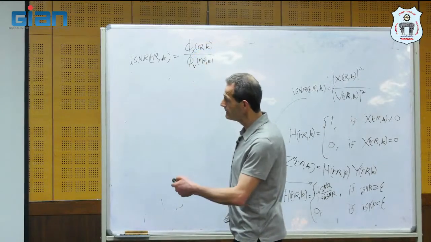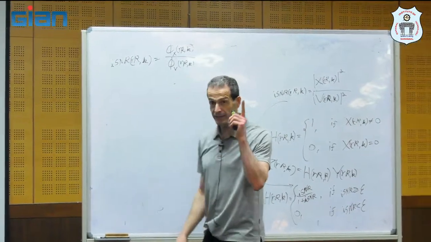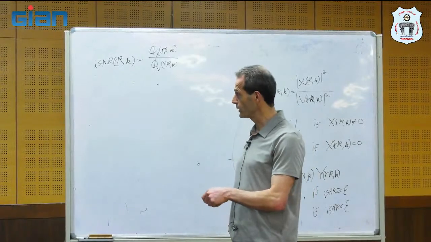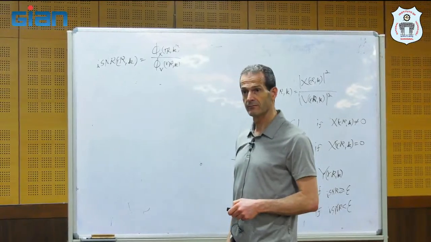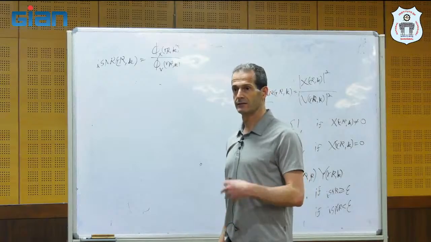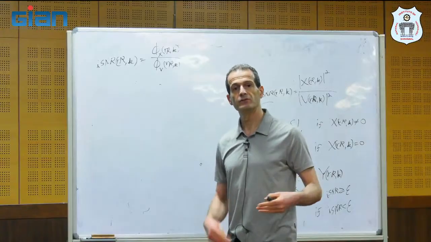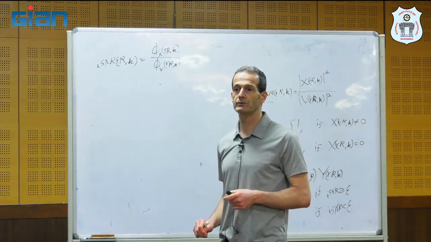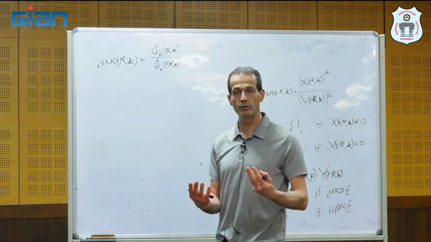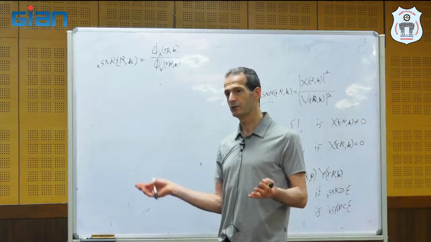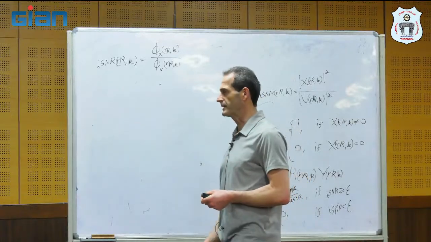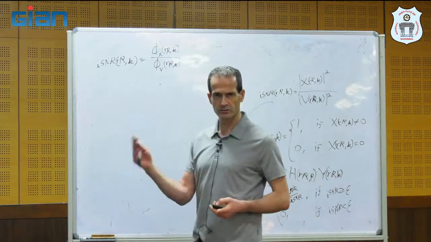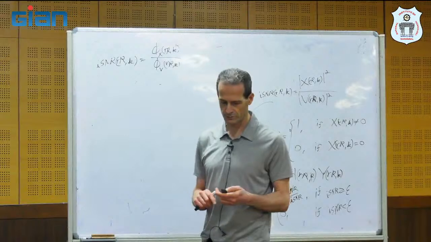So phi v, if the noise is stationary, this is a good way to estimate the noise. If you're interested in how to estimate non-stationary noise, I can give you a nice paper about it. It's not complicated, but I don't want to go too far outside the scope of this course.